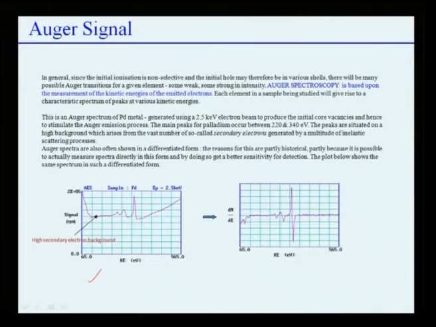You can see here there is a high background because of the secondary electrons, and these are the peaks which are coming out, which are between 220 and 340. But whenever we take a differential of this signal with respect to the energy, dN by dE, we get a smoother background and the peaks can be seen very nicely. That is what is normally used in AES. This one is not used in AES.